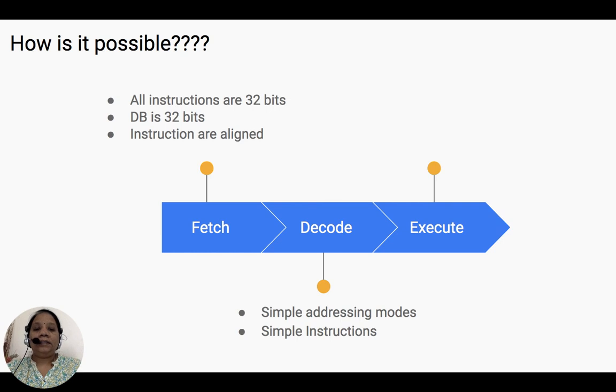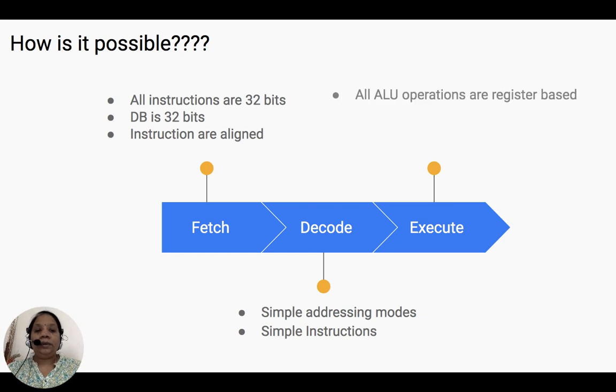There are two ways of decoding: one is hardwired decoding, and another is decoding using software. The one followed in ARM 7 is hardwired decoding, that is, decoding is done using hardware, and hardwired decoding is always faster compared to decoding using software. That is another reason why decoding can be completed in exactly one clock cycle.